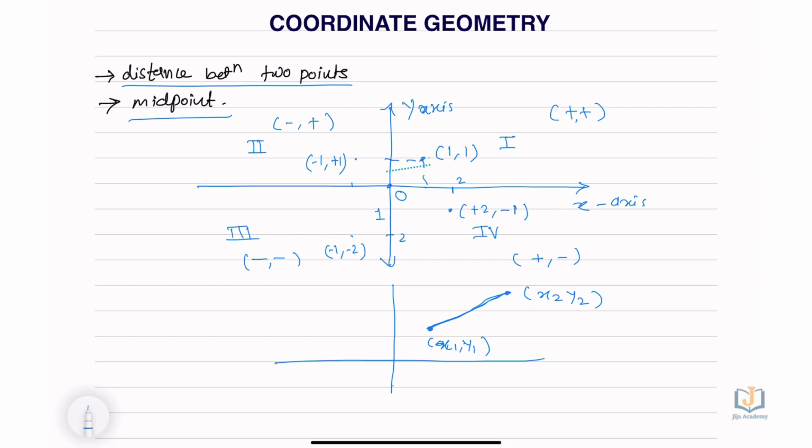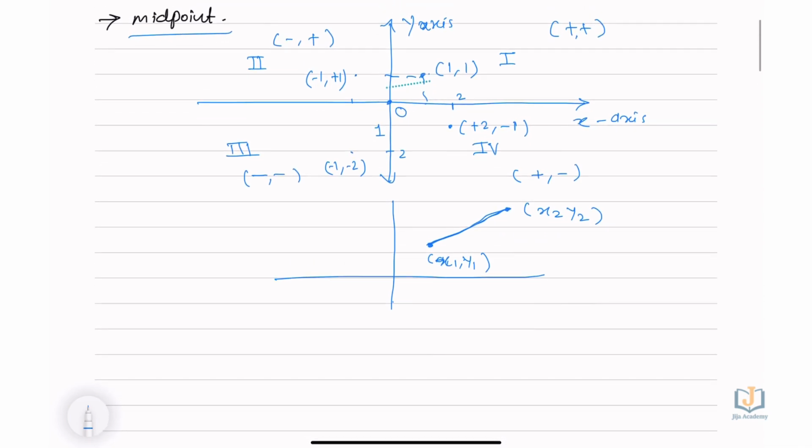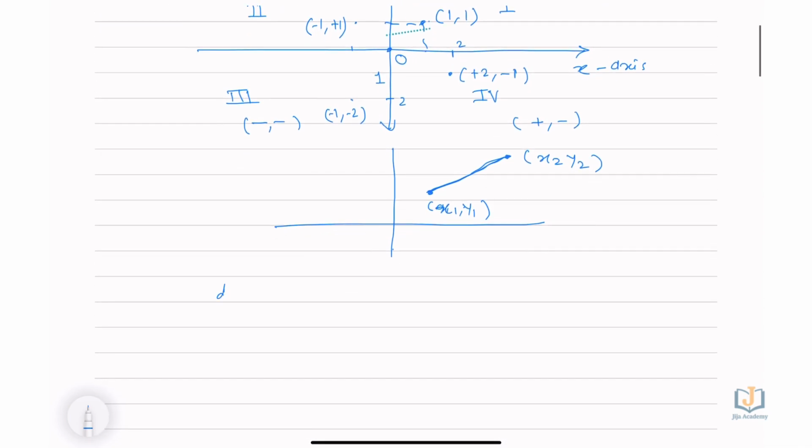So there is a formula, that is, distance is equal to under root of (x2 minus x1) square plus (y2 minus y1) square. This is the distance formula.